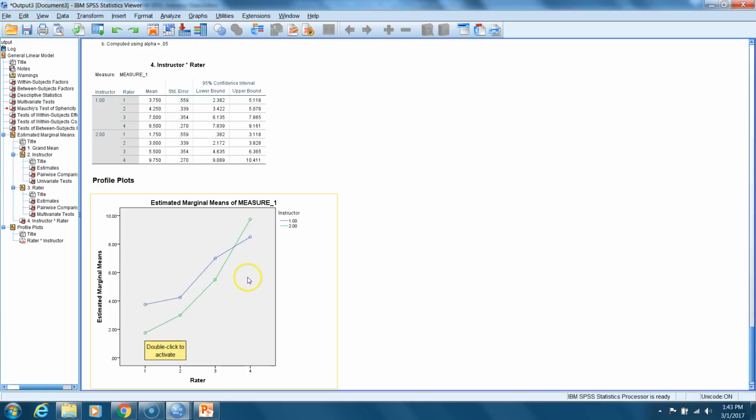But what we also see is that between radar 3 and 4, in general, radar 4 is easier. But now that switches when we look at the instructors. It was systematic for 1 through 3. Instructor 1 had higher scores than instructor 2, but we see that green crossing.